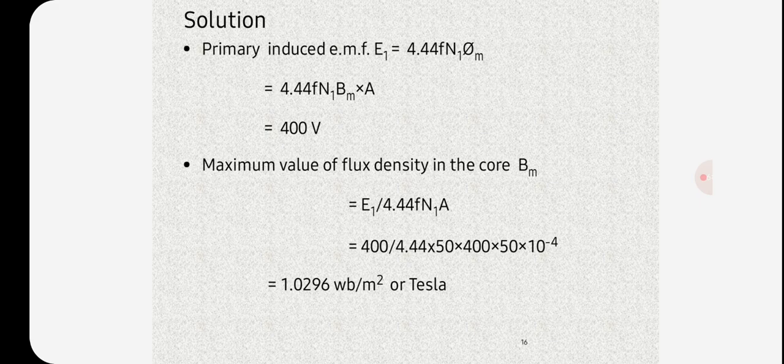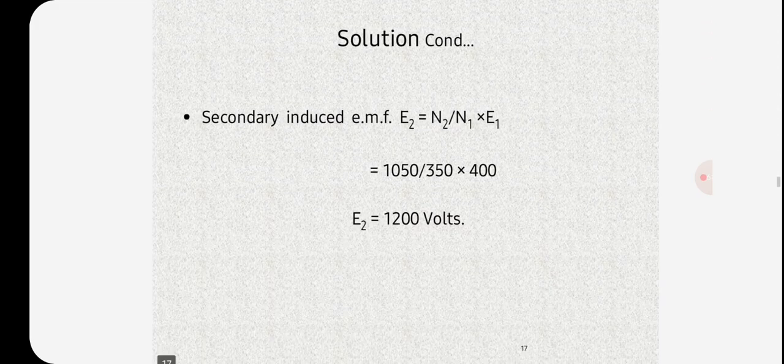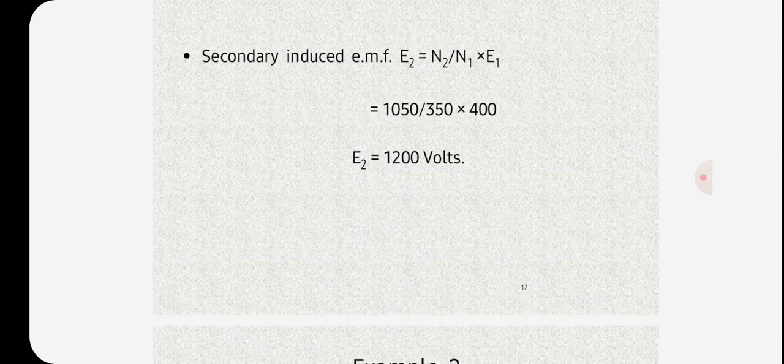So here we calculated the maximum flux density. Next we can calculate the E2 value. For that, from turns ratio we know the value of E2 by E1 is equal to N2 by N1.